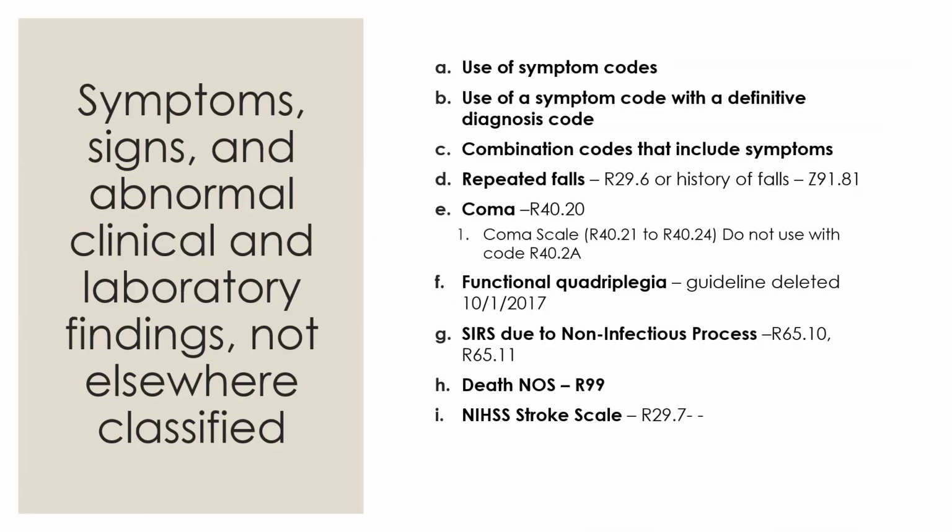Assign code R40.24 for Glasgow Coma Scale total score when the only total score is documented in the medical record and not the individual scores. If multiple coma scores are captured within the first 24 hours after hospital admission, assign only the code for the score at the time of admission.